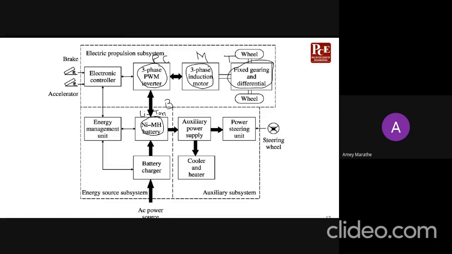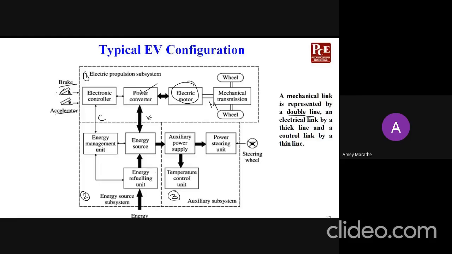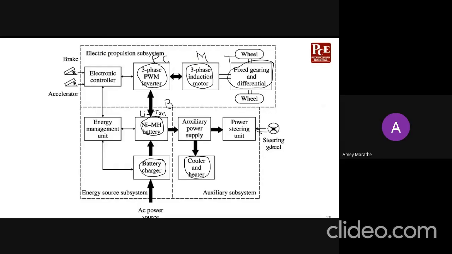So you see, it will take input from the steering, and that is why this arrow is this. So depending on the input, this is how the auxiliary power supply will come into picture. You see this temperature control unit is again replaced by cooler and heater, right? So we are talking about battery charger. Simply what I have done is, I have just replaced the names in this diagram with something which is used in EV.